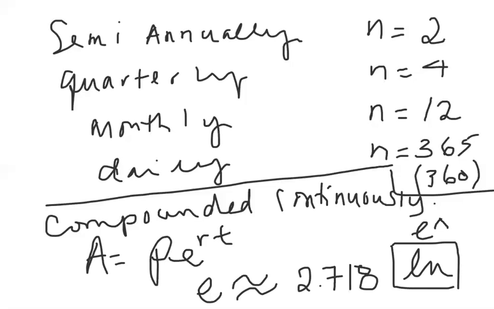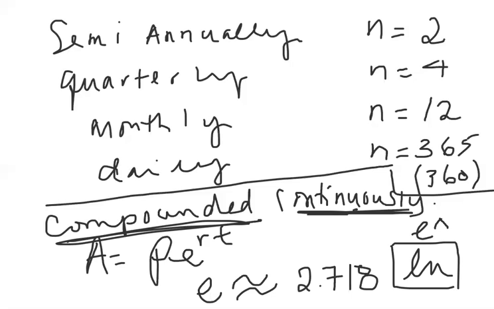Can I just ask a quick question? In the formula here, does it matter that A is capital and the other ones are all lowercase? No, it doesn't make a difference. And the PERT formula is what again? It's when the interest is compounded continuously, when they're calculating the interest all the time.